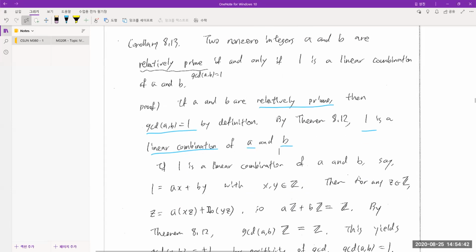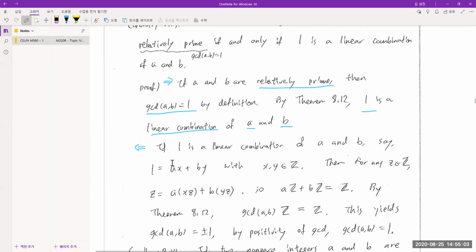So this is one direction of the statement. This is proving the forward implication. If GCD is 1, then 1 is a linear combination. So we need the reverse implication as well. So if 1 is a linear combination of a and b, so say 1 equals ax plus by with integers x and y.